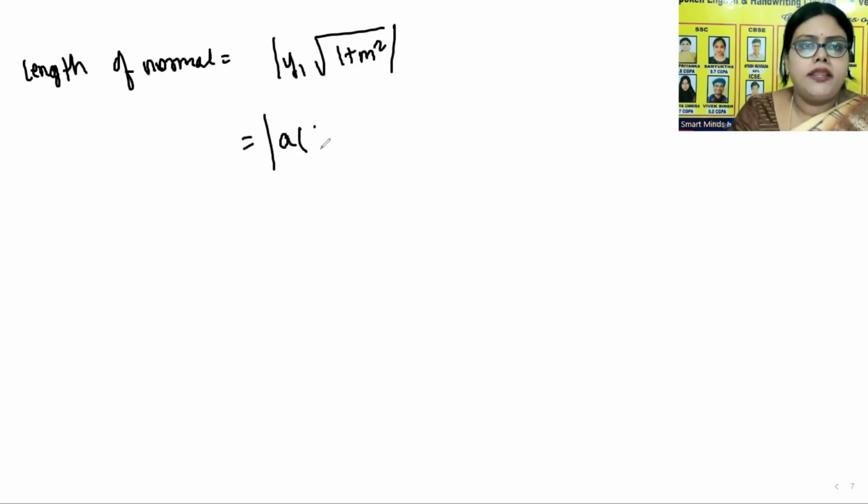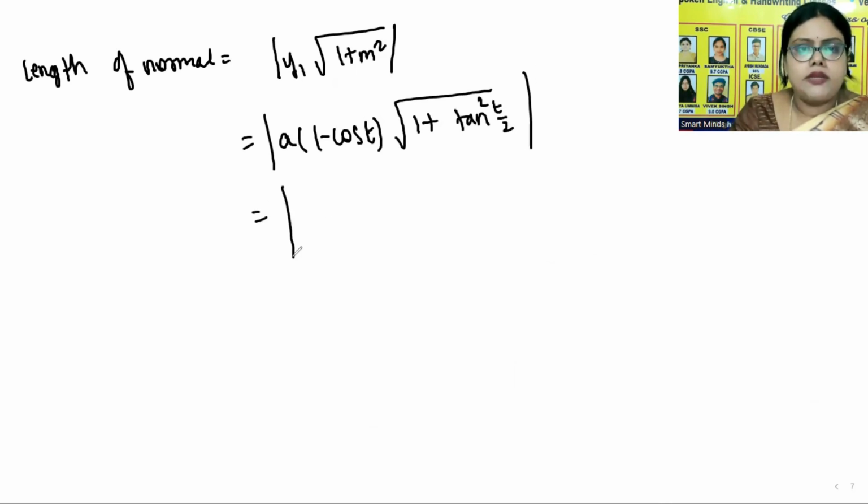It is a into 1 minus cos t root over 1 plus what is m square? Tan square t by 2. That is equal to mod a into 1 minus cos t formula is 2 sin square t by 2 and 1 plus tan square t by 2 is secant square t by 2 and root over secant square t by 2 is secant t by 2.